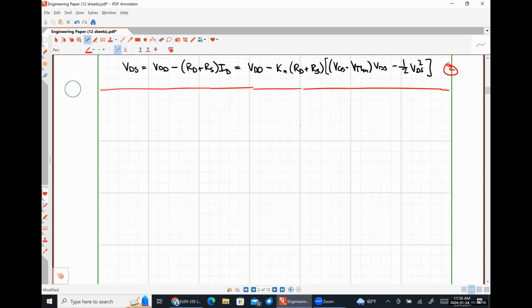So here's our example. Our supply voltage is 1.8 volts.